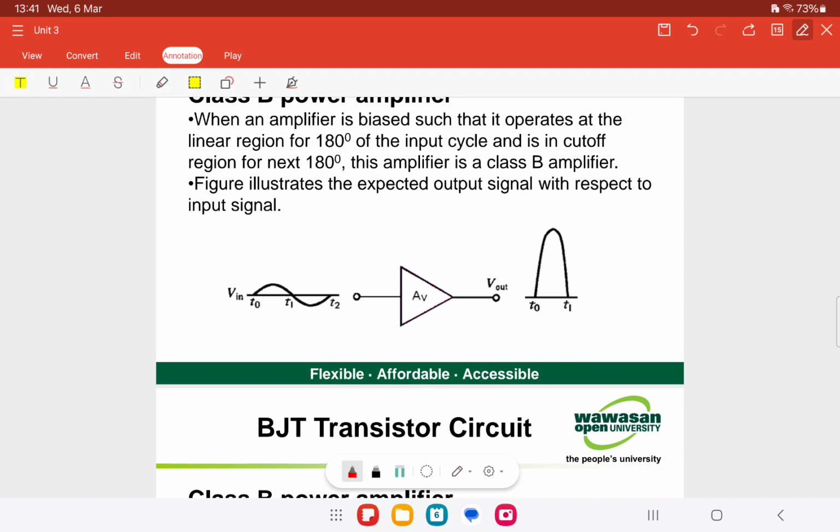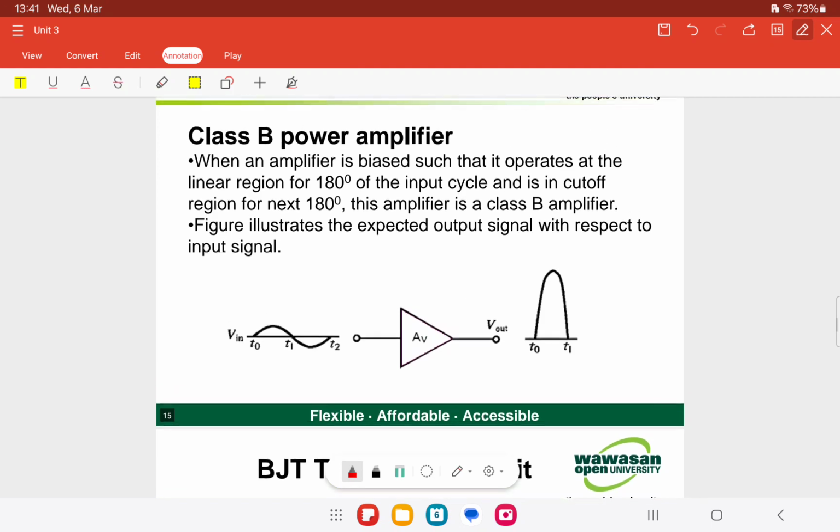When an amplifier is biased such that it operates in the linear region for 180 degrees of the cycle, and it is in the cut-off region for the other 180 degrees, we have a class B power amplifier. Here is the input and output for the class B power amplifier.